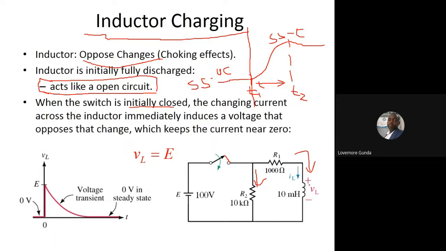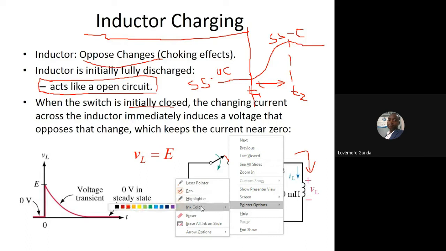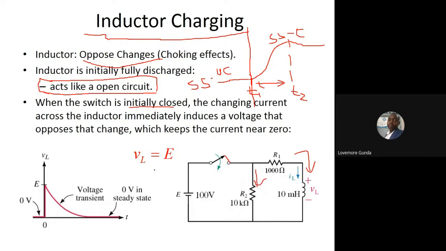The voltage is pushing a current in this direction. Then, from Lenz's law, the induced effect opposes the cause. So what happens? You induce a voltage VL across the inductor, and that voltage tries to push an opposing current, from Lenz's law. So this will be the induced current, and this will be the charging current.